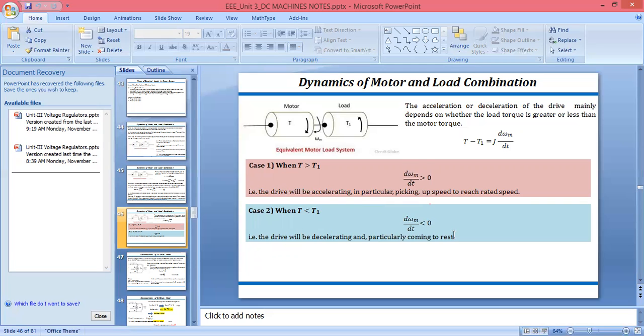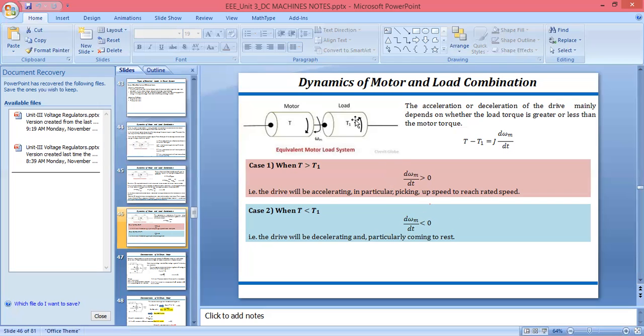So we have finished the dynamics of the motor and load combination, and how the motor and load are related to each other. When we give electrical energy, the motor will start to rotate and the load will also start to rotate, but the speed of the load may be different from the motor. So we take tau as the torque of the motor and tau 1 as the torque of the load.